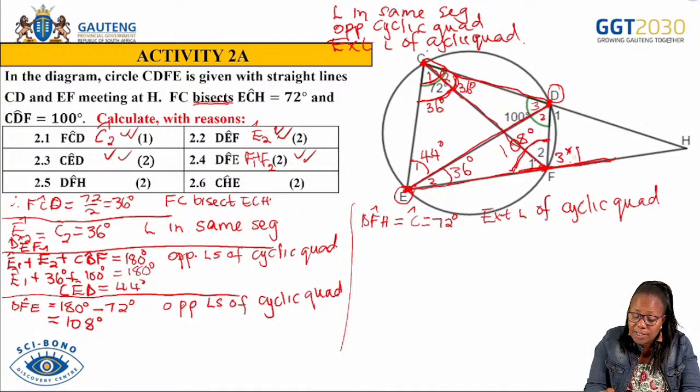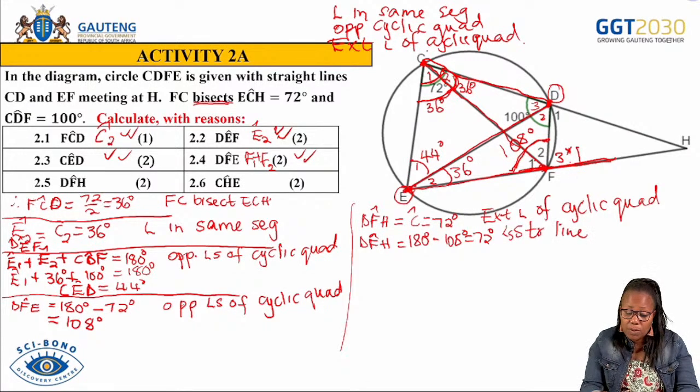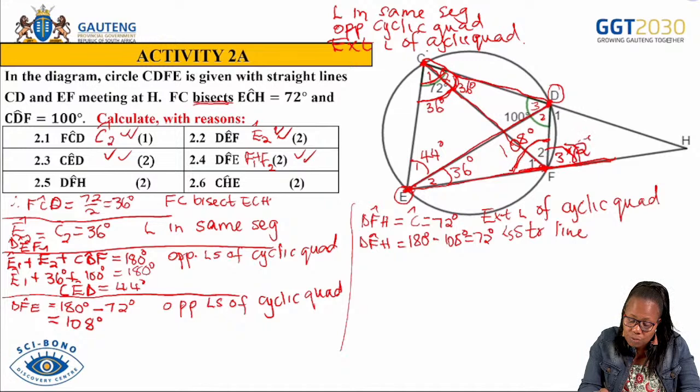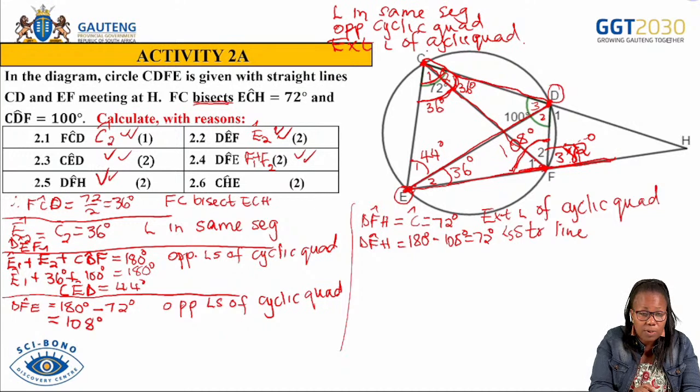Or you can use a straight line and say DFH is equal to 180 minus 108 degrees, still giving you 72 degrees. But in this case, we have used what? Angles on a straight line. So the value of this angle here will be 72 degrees. Done with that one.